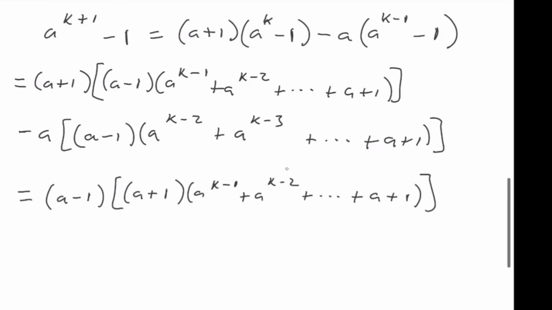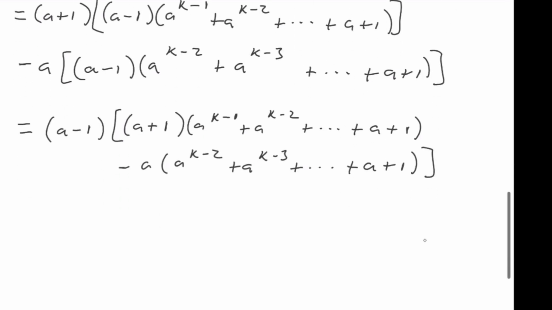And then, we can't close that. Minus, so now we have minus a times a sub k minus 2 plus a sub k minus 3 plus dot dot dot plus a plus 1. And now we close it, right?